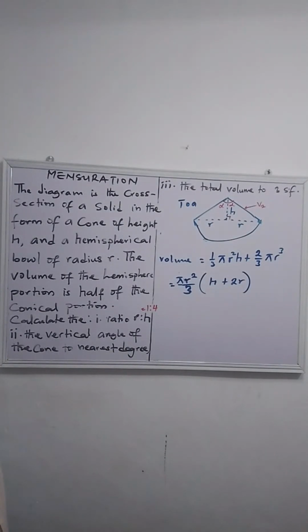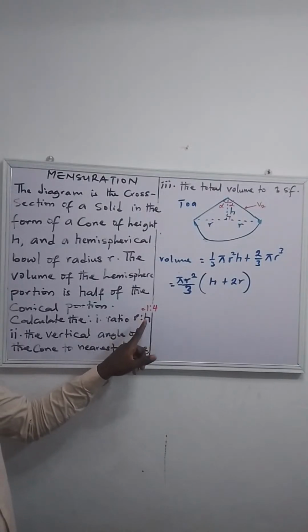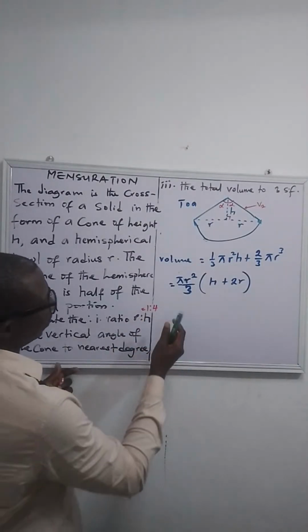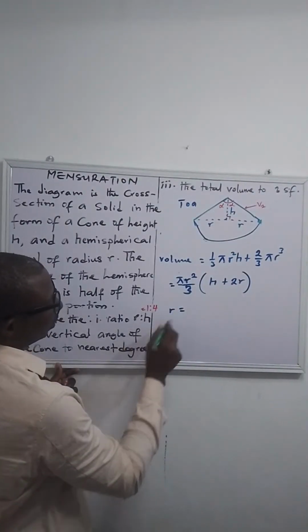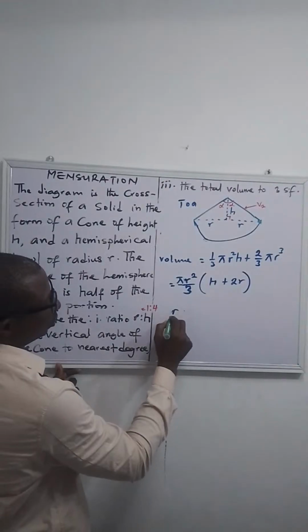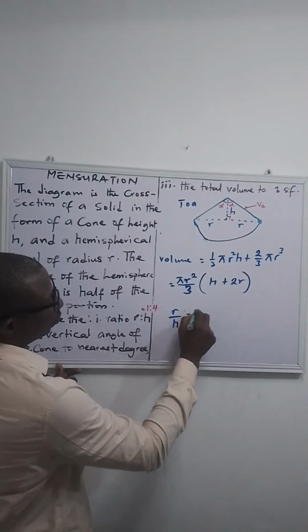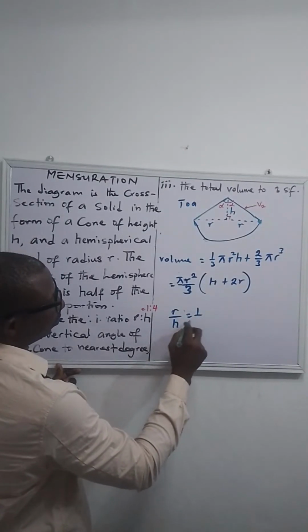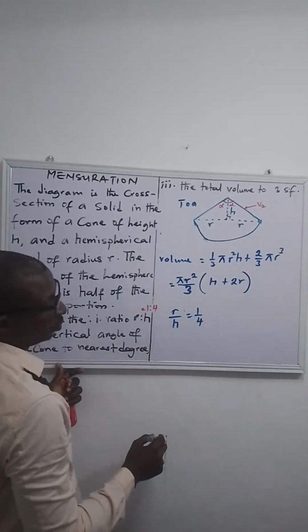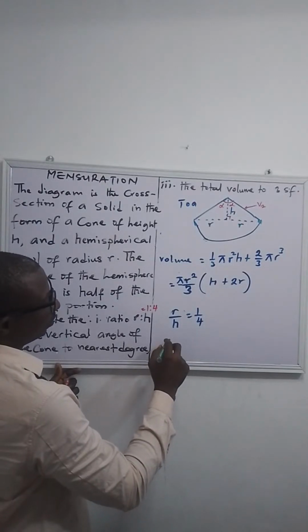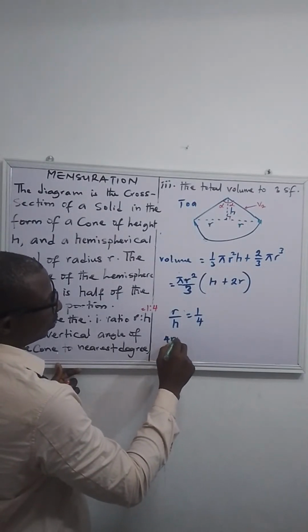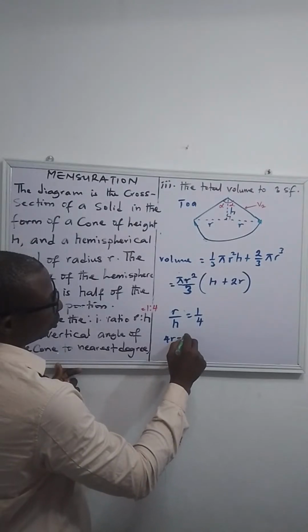Now let us enter our values. Don't forget, first let's do this relationship here. We have r over h equals 1/4. When you cross multiply, 4r equals h.